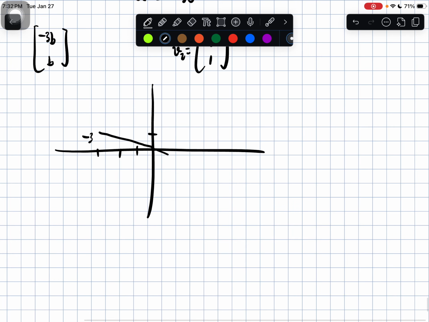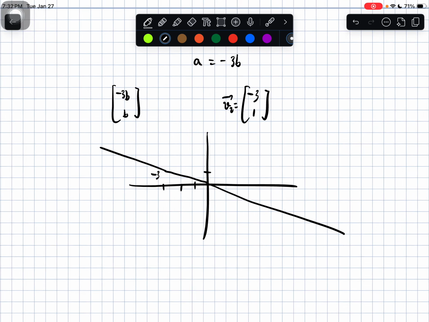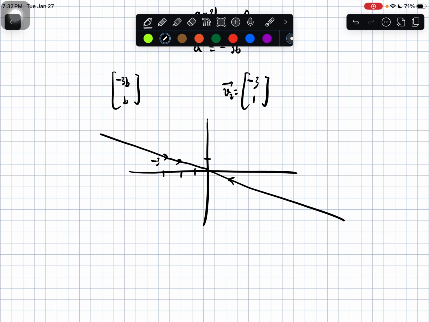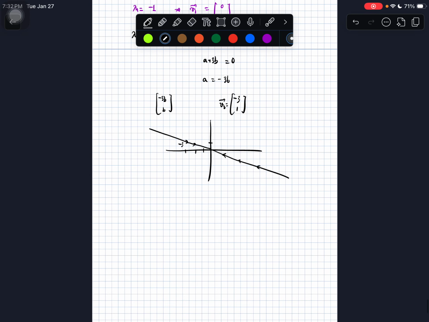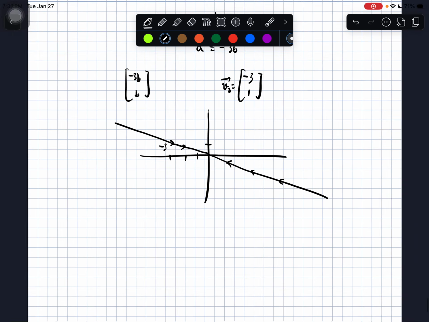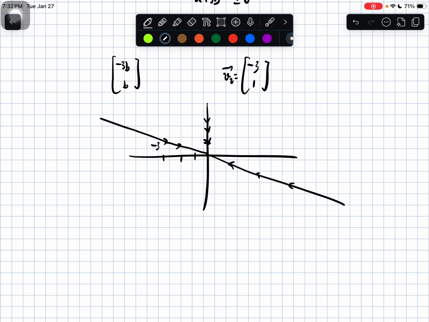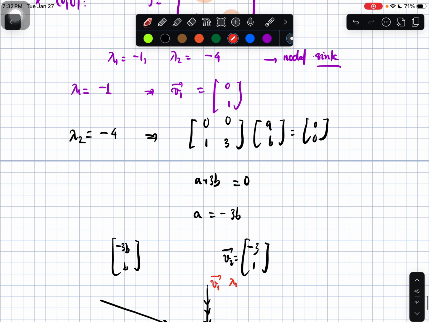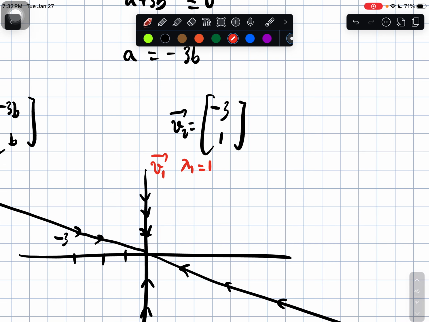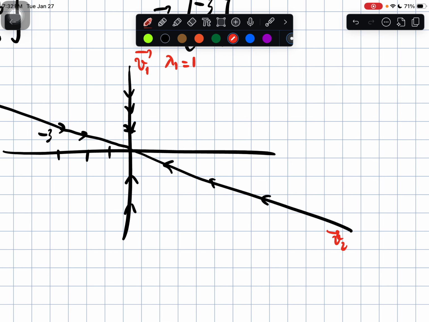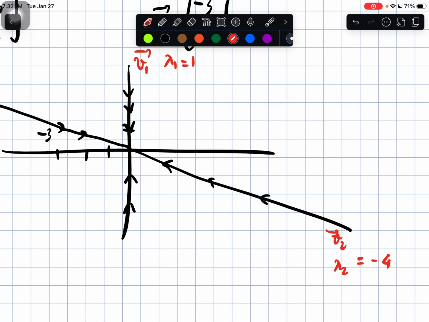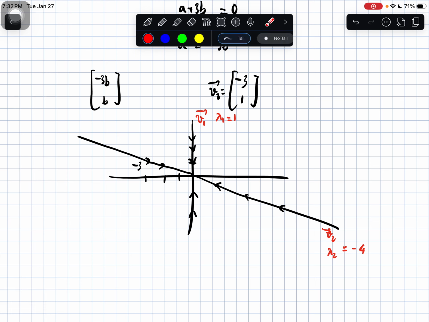We can keep these vectors, and the flow looks like this. It's a sink. V1 has lambda 1 minus 1, V2 has lambda 2 minus 4. As it goes to infinity, this one decays, so it looks like this.